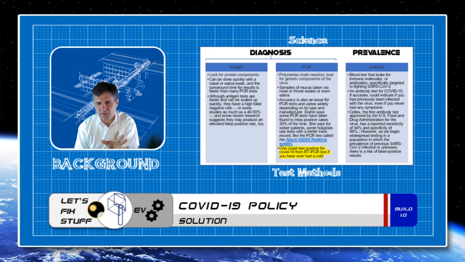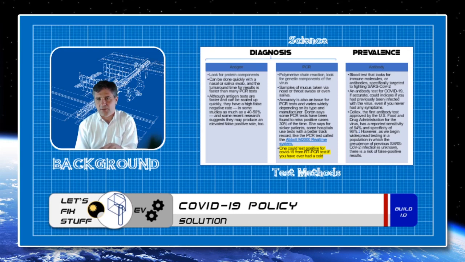The tough part about this is that because you're looking for actual genetic evidence that the virus or parts of that virus were in somebody's system, you could technically test positive for COVID-19, even on the gold standard RT-PCR test, if you ever had a cold, because some of those virus fragments are common to all cold viruses or all flu viruses, for example. So you have to be very specific as to what you're actually testing for, or you could demonstrate a false positive.